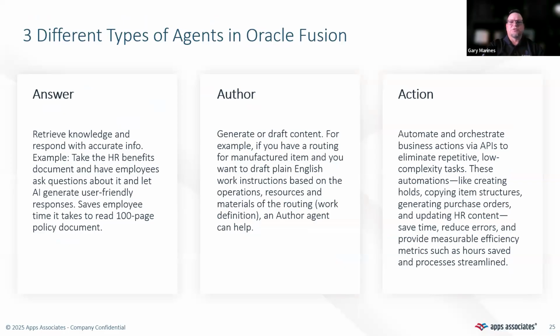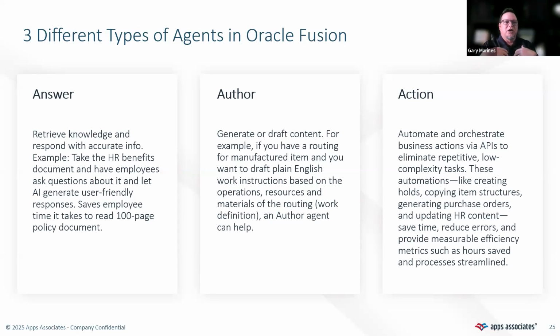So I've talked a lot about agents, and we talked about generative, predictive, and agentic AI, and we're talking about agentic AI and the types of agents that you can build. You can build agents to do several things. You can build them to answer questions for you. So I want to understand my HR benefits without logging into HR, going to the shared drive and downloading a document.